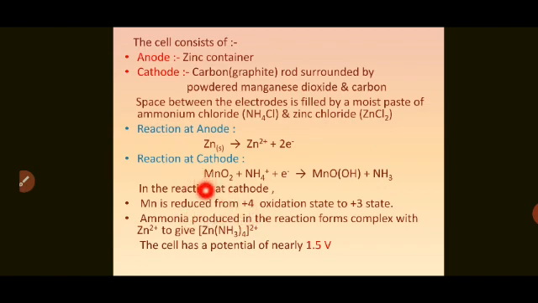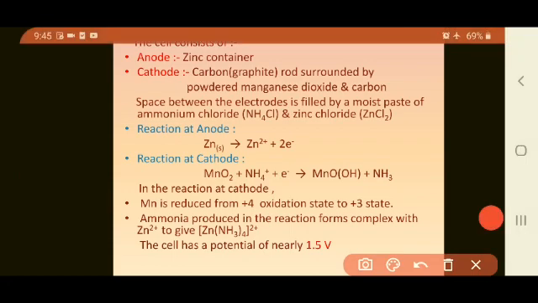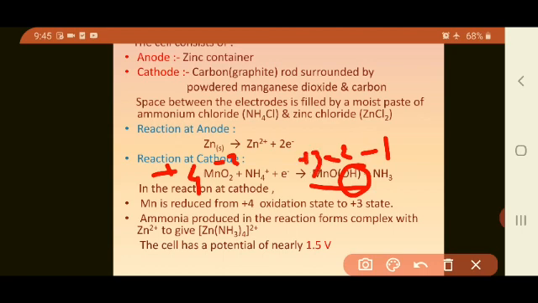Now in this reaction, in MnO2, that is on the reactant side, manganese has plus 4 oxidation state. How? One oxygen has minus 2 charge, so minus 2 into 2 is minus 4. Therefore Mn has plus 4 oxidation state. Whereas in the product, one oxygen is minus 2 and OH is minus 1, so together it is minus 3 and hence Mn becomes plus 3.